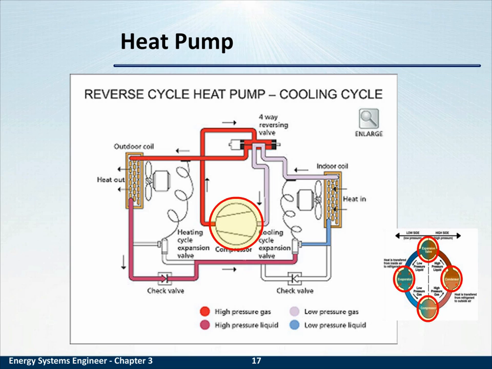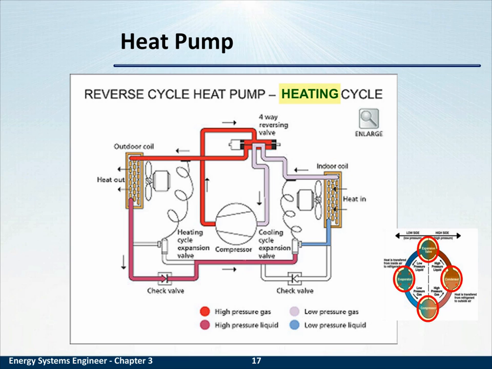If you look at these red circles and compare it to the refrigeration cycle in the lower right, you'll see there is a compressor, a condenser outside, an expansion valve, and an evaporator inside. But this is the heat pump in a cooling cycle.